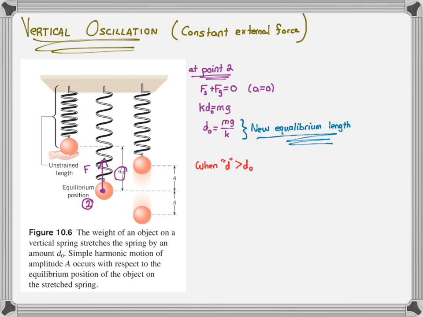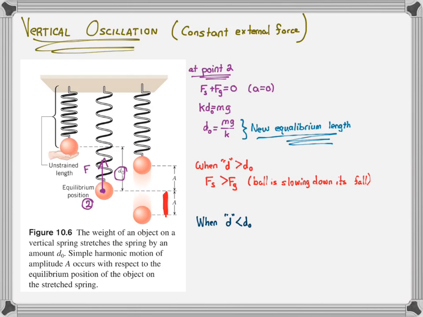So when the displacement of the spring is more than the equilibrium point, which will be around here, the force of the spring is greater than the force of gravity. The force of the spring is going to start to slow down the ball in this case, bringing it almost completely to rest when it reaches its amplitude point, and then it starts bouncing back in the opposite direction.